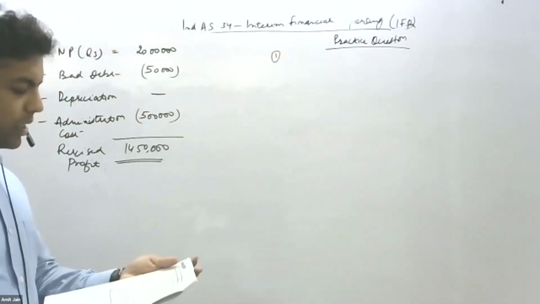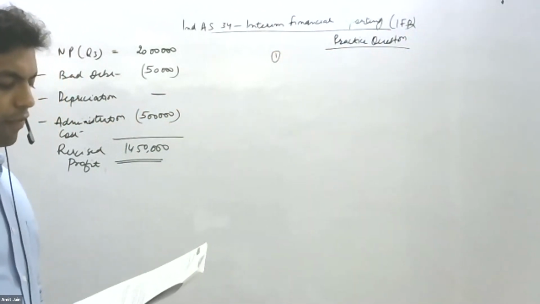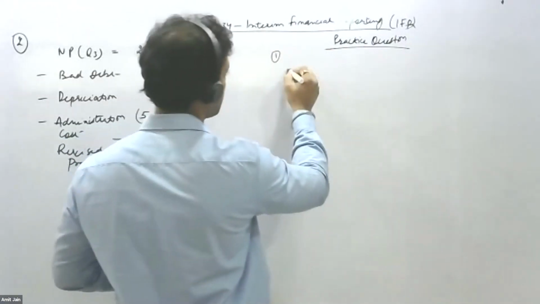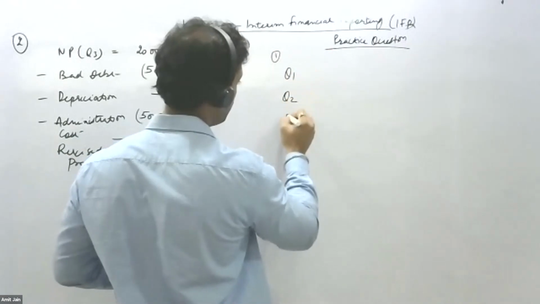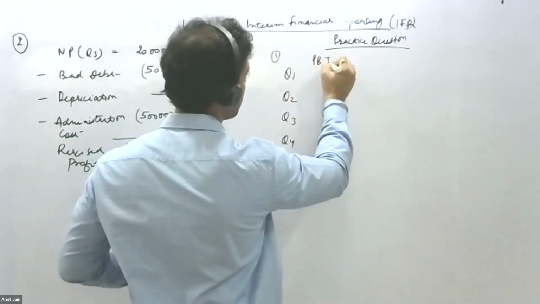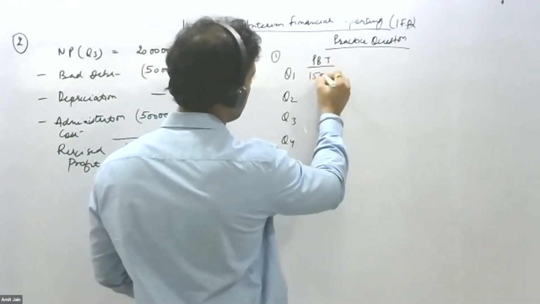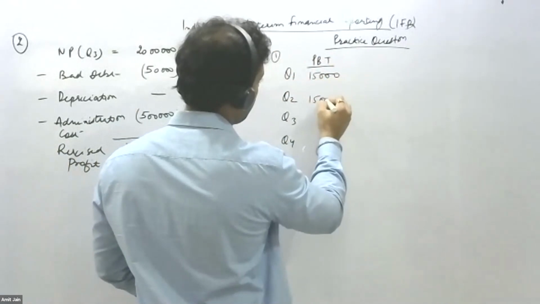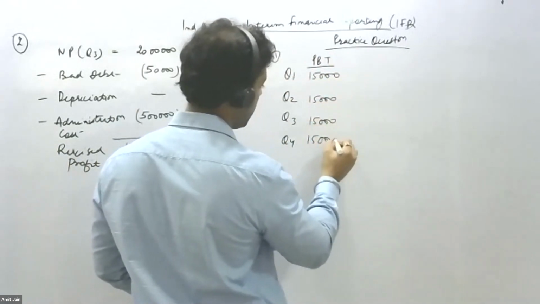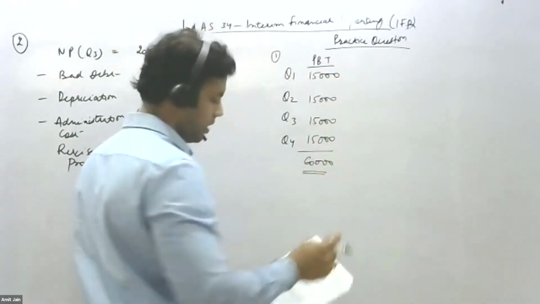So company is expecting Q1, Q2, Q3 and Q4 PBT of rupees 15,000, 15, 15 and 15. That means for the entire year it is 60,000 rupees, right?